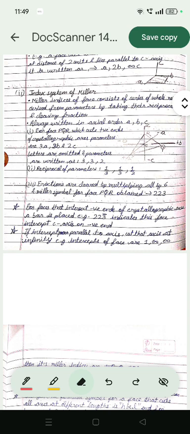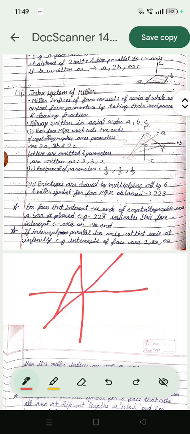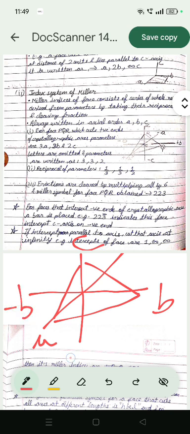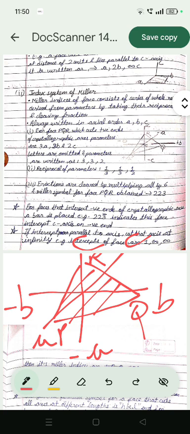For example, we have face PQR, which cuts the positive ends of the crystallographic axes, and its parameters can be written as 3a, 3b and 2c.